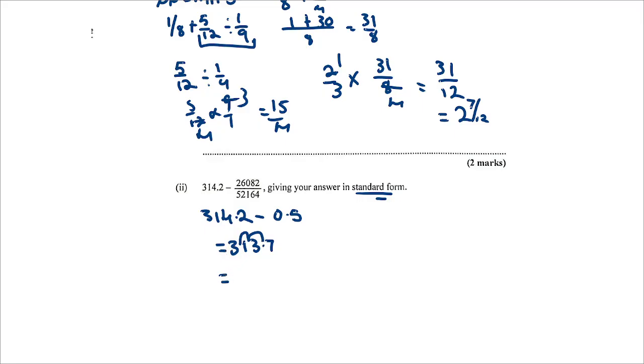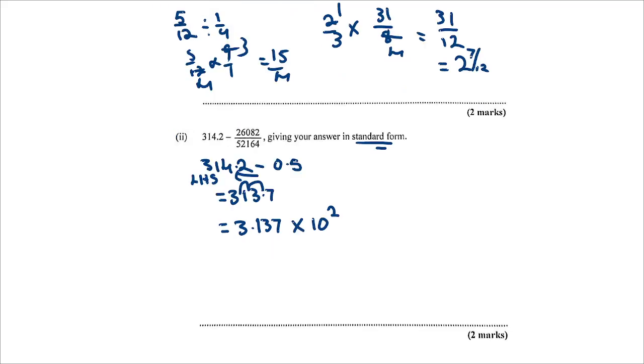Why? Because I want one digit in front of my decimal point. That is 3. So 3.137. Again, it's always multiplied by 10. And because I shifted to the left-hand side, my power is going to be positive. And the number of places, so it would be positive 2. And that would be your answer for this.